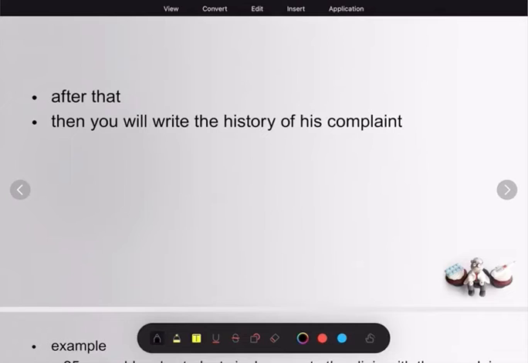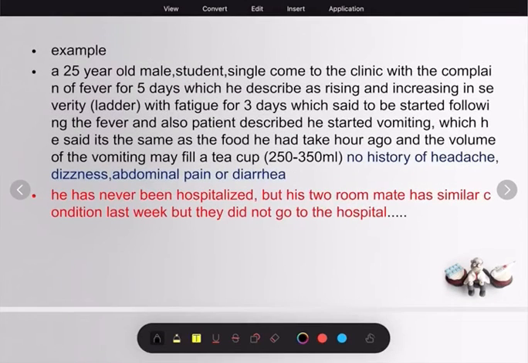After that, you write the history of his complaint, the history of presenting illness. In our previous lecture on history taking and physical examination, I explained to you what the history of presenting illness is. In it, you need to ask about everything regarding that symptom or sign: onset, character, and others. Example: a 25-year-old single male student came to the clinic with the complaint of fever for 5 days, which he described as rising and increasing in severity, with fatigue for 3 days, which started following the fever.